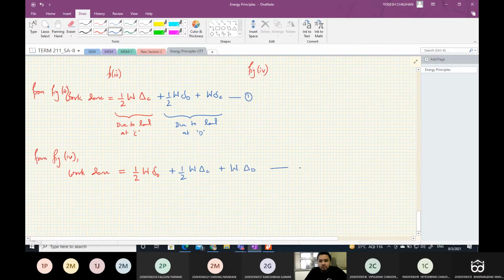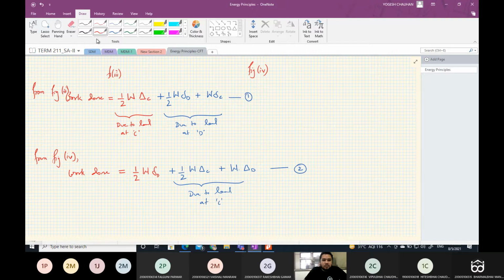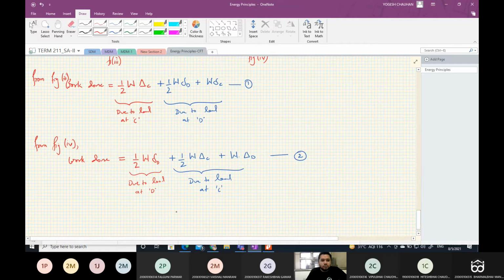Mark this as number 2. This is due to the load at C, and this is due to the load at D.